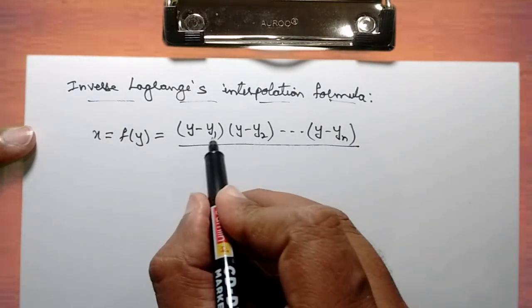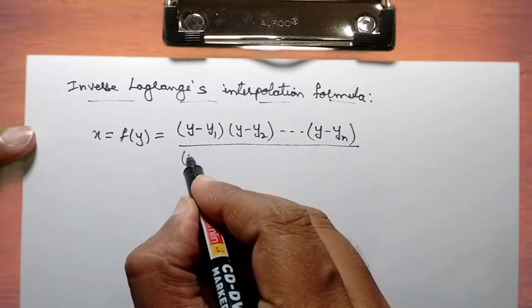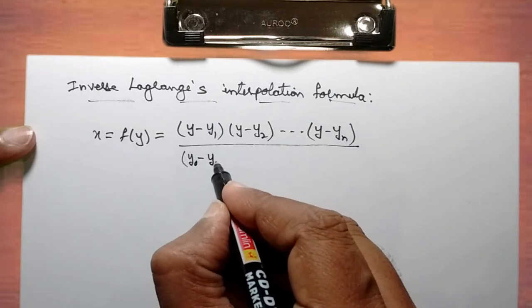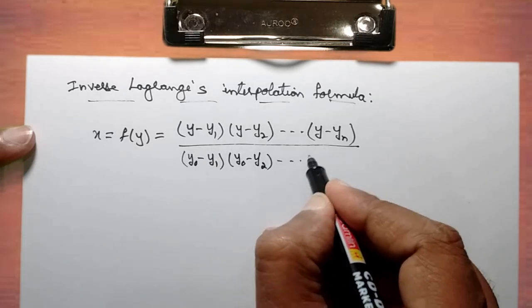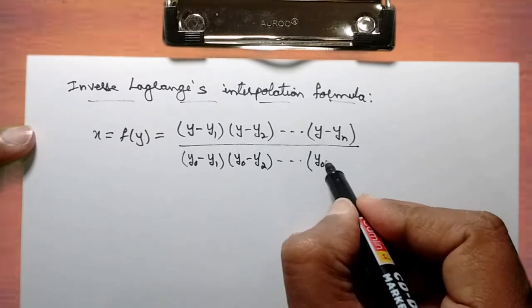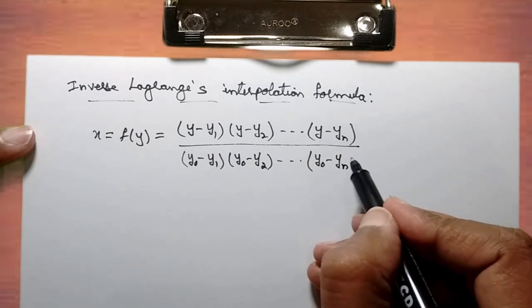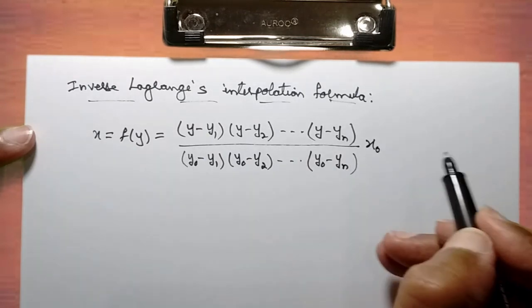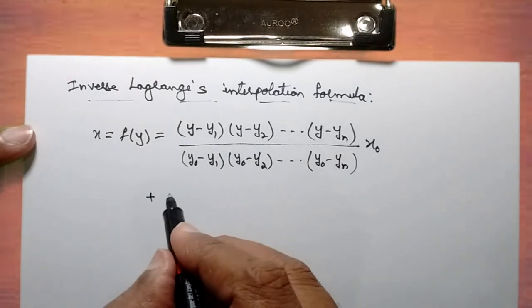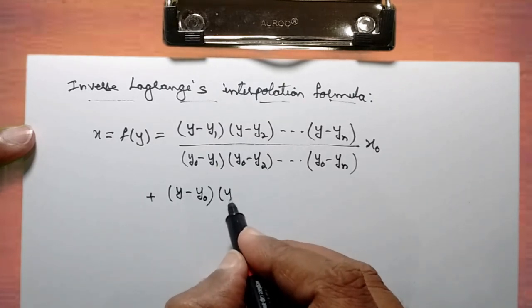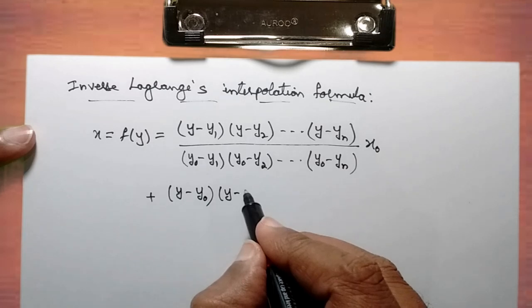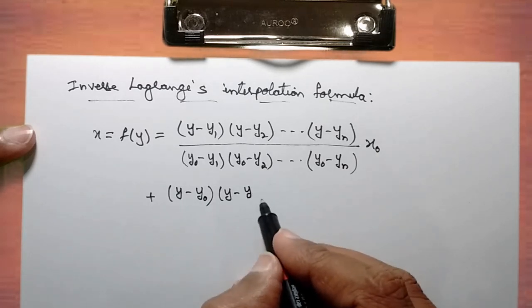What is missing over here? y0 is missing. So in place of y, you have to write y0: y0 minus y1, y0 minus y2, and so on, y0 minus yn. The corresponding value for y0 is x0. Similarly, the next term is y minus y0, y minus y2, and so on, since y1 will be missing in this case.